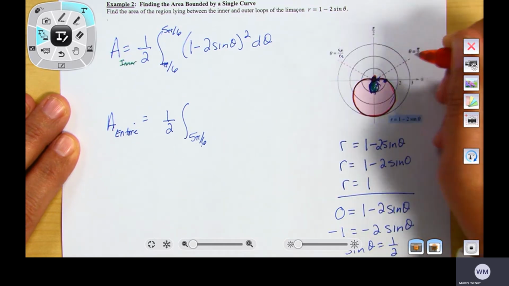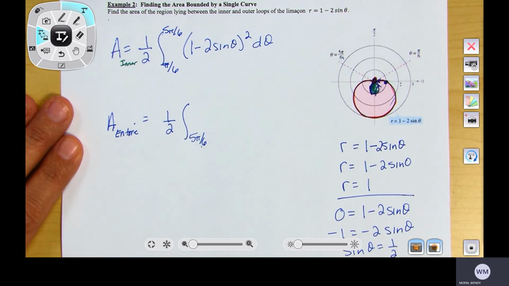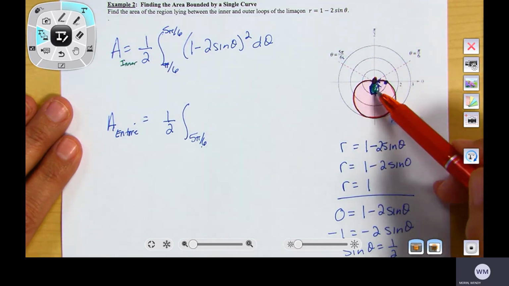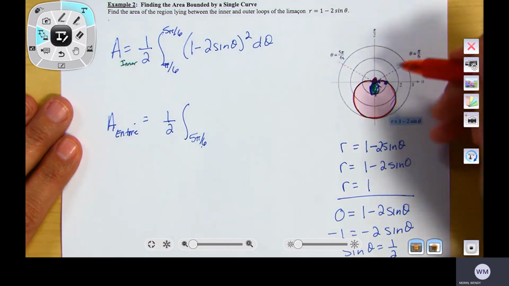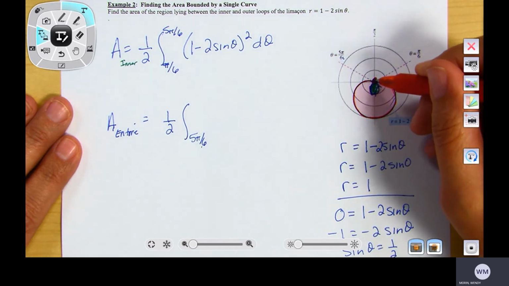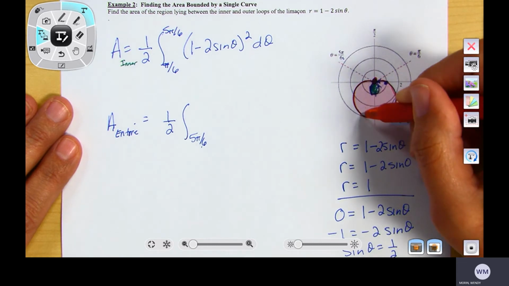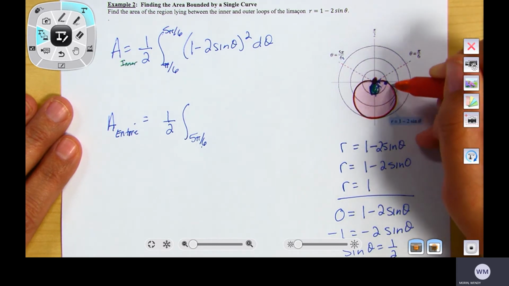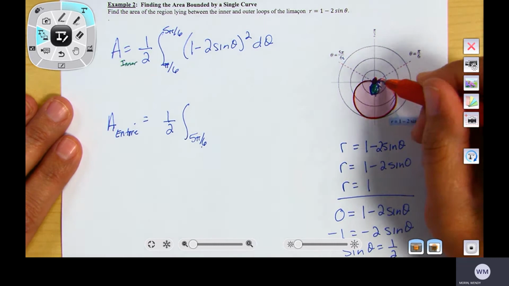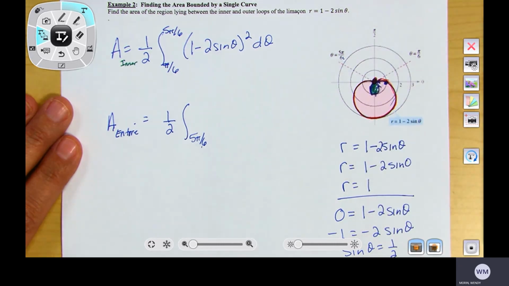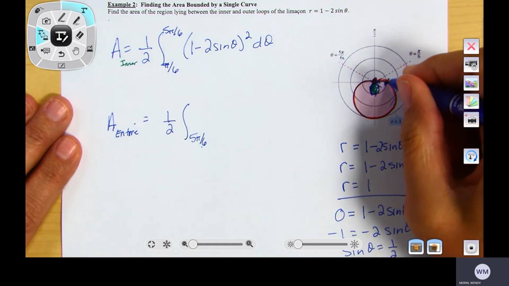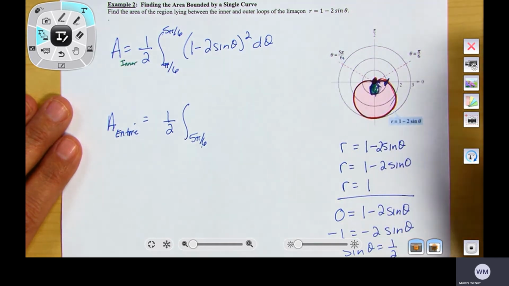And if I can figure out what that is, that would give me the entire area, the pink and the green all together. So if I start here at 5 pi over 6, what is the angle all the way back to here? Well, that's a little tricky, but we can figure it out. Remember that this right here is where we started.